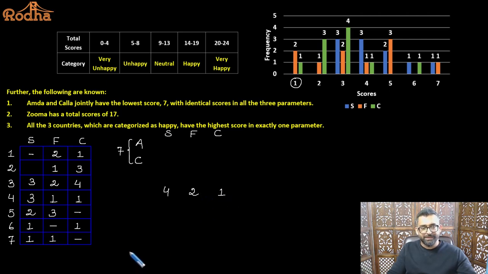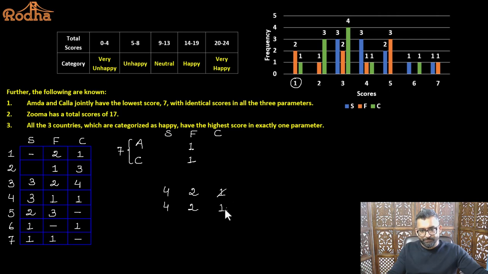Can I make 421? Okay, 0 I cannot use. 0 is not given to any of the countries. So 0 I will not be using. 421. Okay, that means I need to use 4 how many times? 2 times. And 2 how many times? 2 times. And 1 how many times? 2 times. Okay, 1 we have 2 times, and that is only in the F parameter. So I'll write 1 here twice.